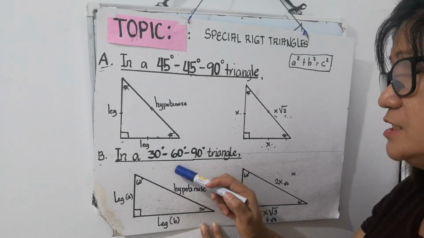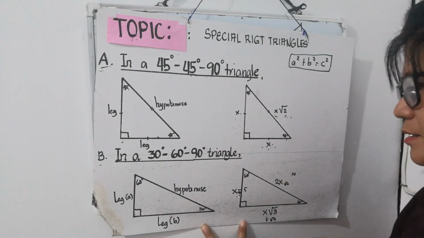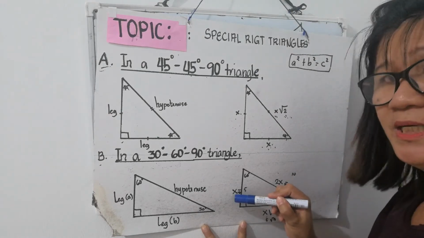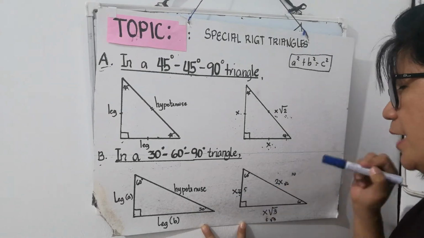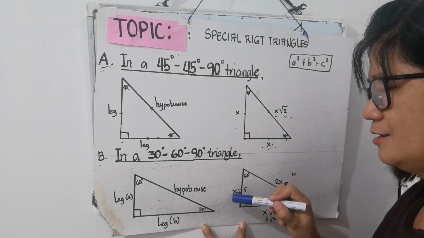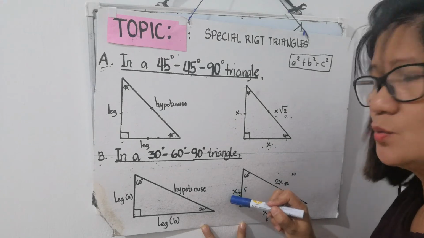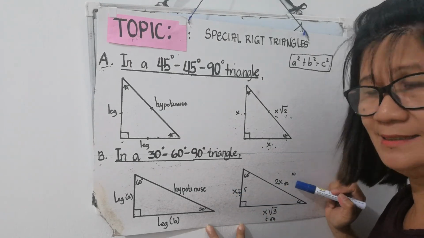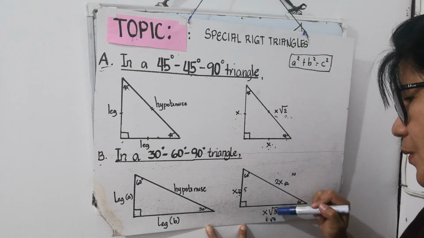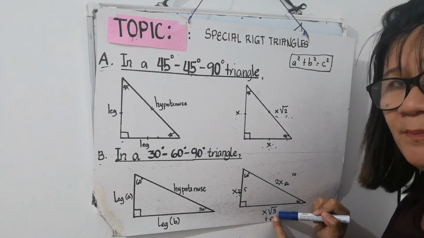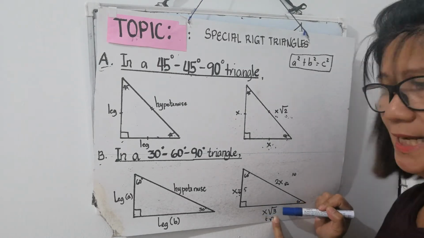In a 30, 60, 90 triangle naman, kung ano yung measure ng shorter leg, the hypotenuse will be double, no? Twice this. Doble ng shorter leg. So, kung ito ay 5, ibig sabihin yung hypotenuse natin ay 10. At kung ano yung measure nito, dagdagan nyo lang ng square root of 3 para makuha natin yung longer leg.